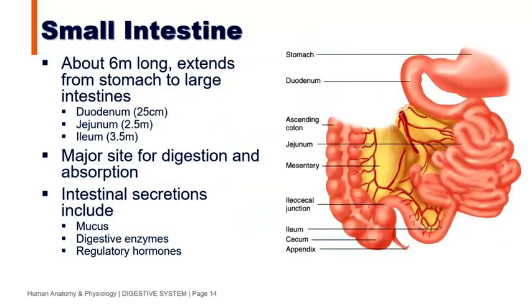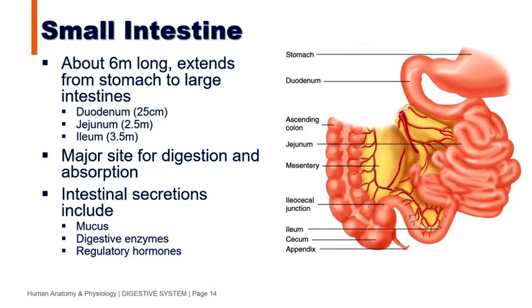After the stomach, let's move to the small intestine. Your small intestine is about 6 meters long, and it extends from the stomach to the large intestine. As you can see from the photo here, the duodenum is about 25 cm. And then you have your jejunum, which is about 2.5 meters.